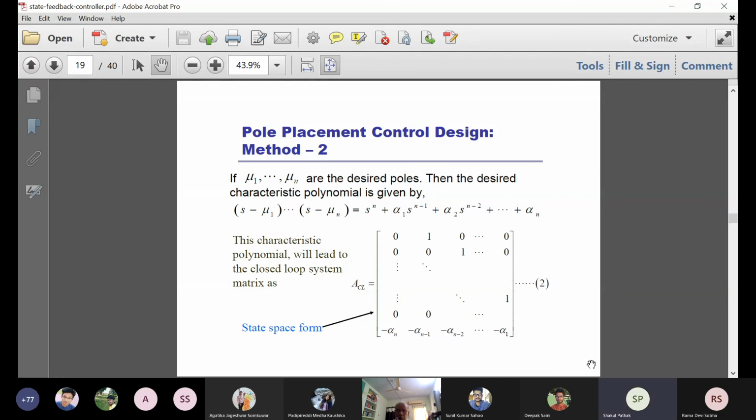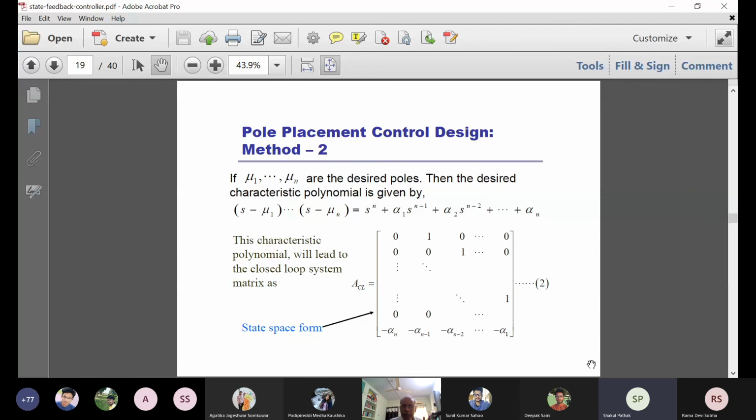Yes, sir. As we move further away from the origin, the system response becomes faster and faster. Okay. Now, if the system response becomes faster and faster, it means you require a high controller gain to do that.